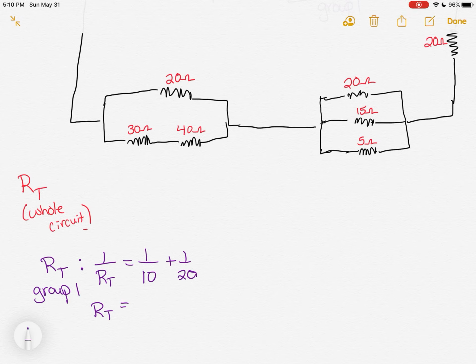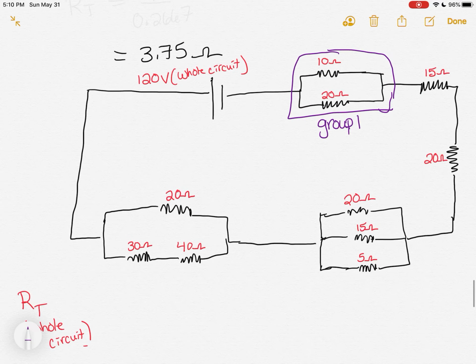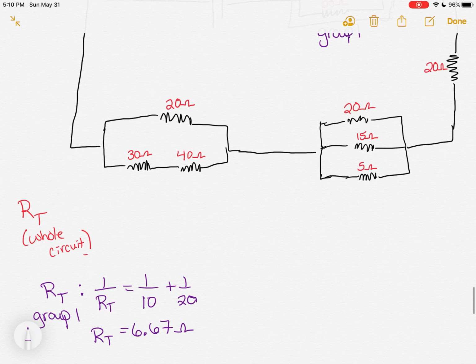So 1 divided by 10 plus 1 divided by 20. Then I have to cross multiply, so it ends up being 1 divided by that answer. So my total there is 6.67 ohms. Okay, so that's for group 1. Now, group 1 is going to be in series with my 15 ohm resistor and my 20 ohm resistor, so I don't need to do anything with those two.